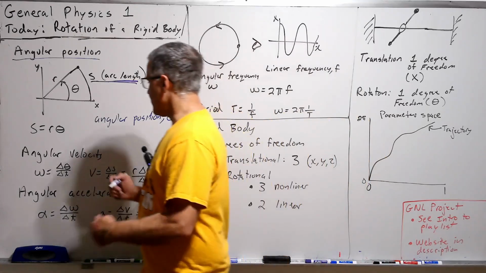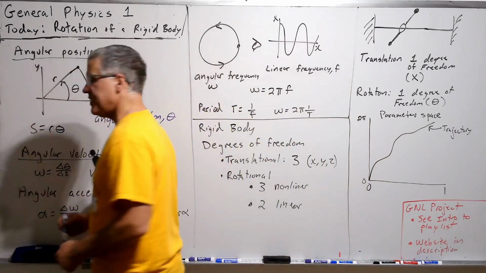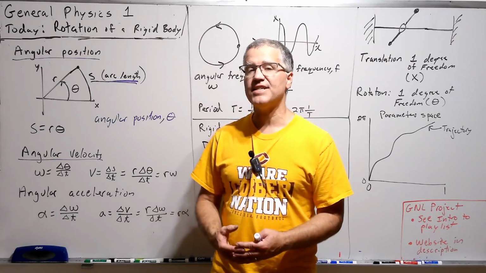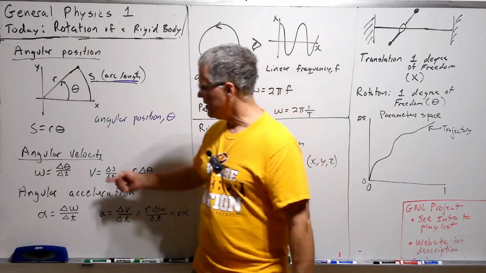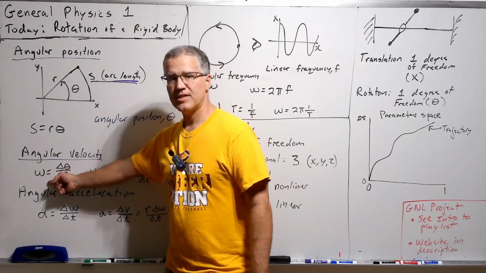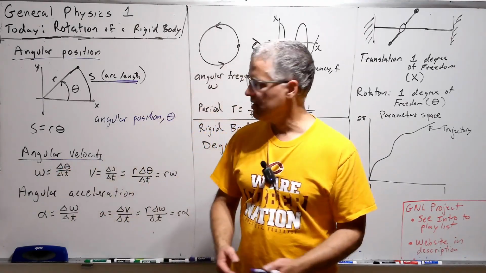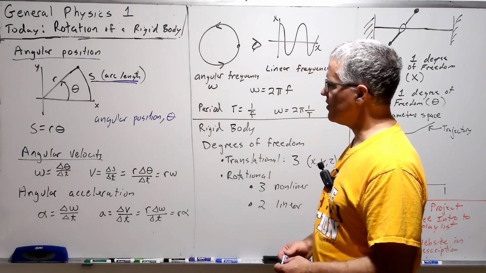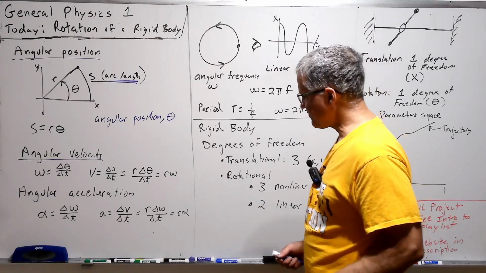Okay, well then we can talk about how fast that angle is changing with time. So this is the exact analogy with velocity. So delta theta over delta t is what we're going to call omega, which is the angular velocity.